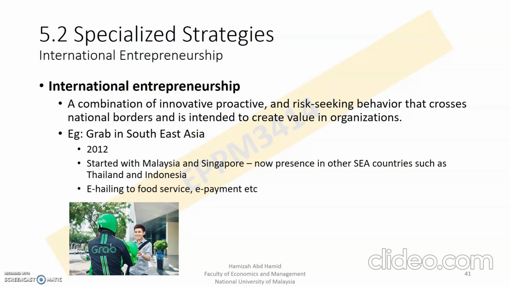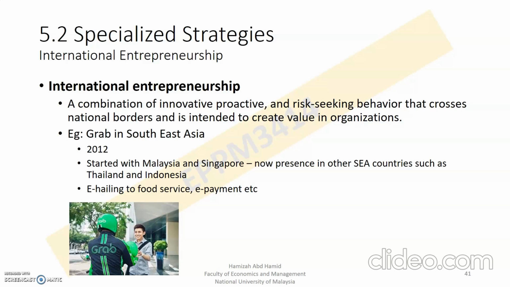This falls under the umbrella of international entrepreneurship, which is a combination of innovative, proactive, and risk-seeking behavior crossing national borders, intended to create value in organizations. For instance, Grab in Southeast Asia. It started in 2012 with Malaysia and Singapore.